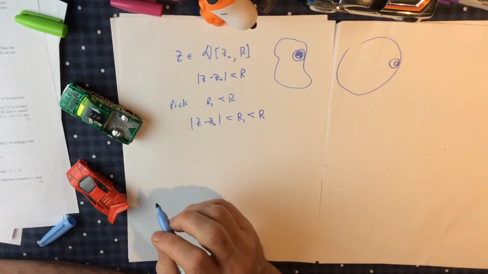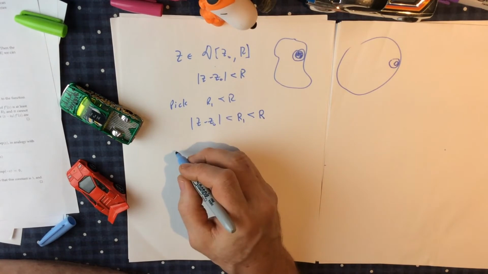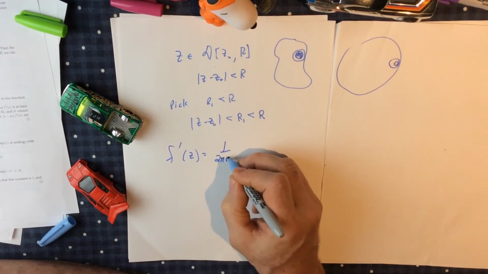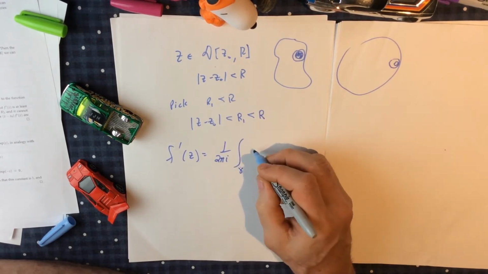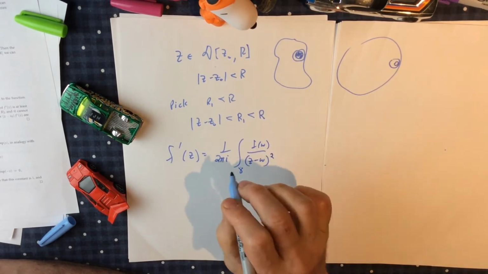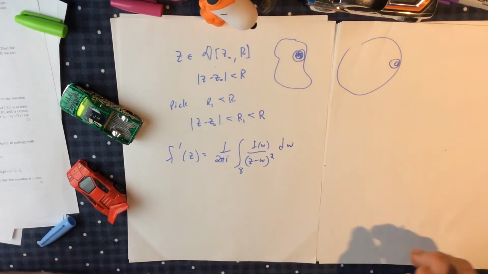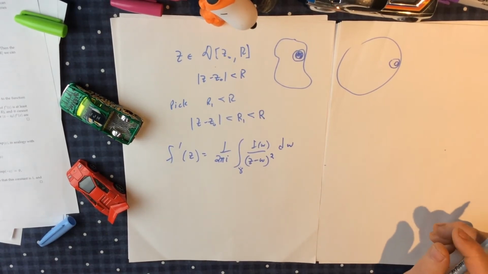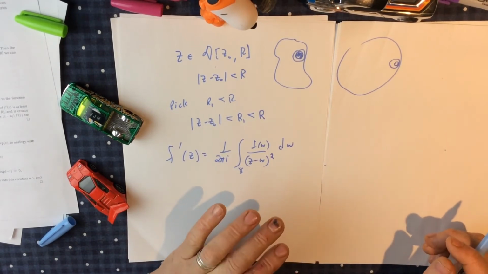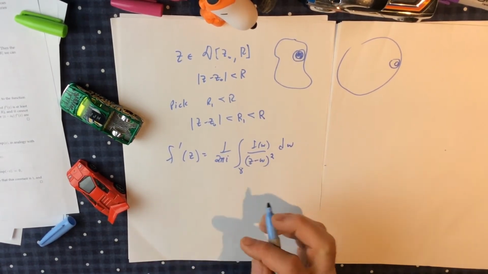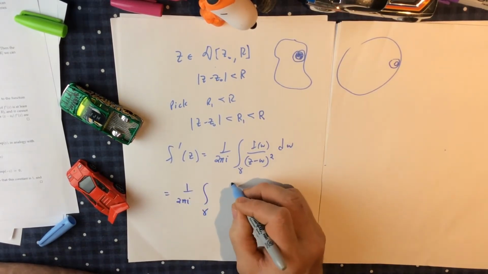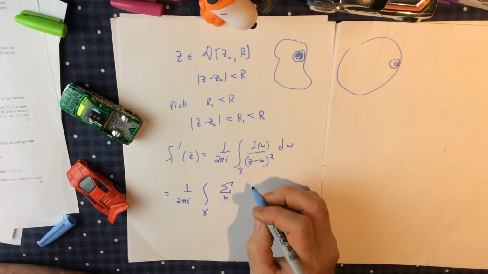We're getting small enough. Now, what are we going to do? Well, we have Cauchy's integral formula from the very beginning of chapter 5 that says that the derivative of a function is 1 over 2 pi i times the integral over some path gamma of f of w over w minus z squared dw. All right, so, well, f is our series, right? So that's what I want to plug in here. Just going to write the sum over k.